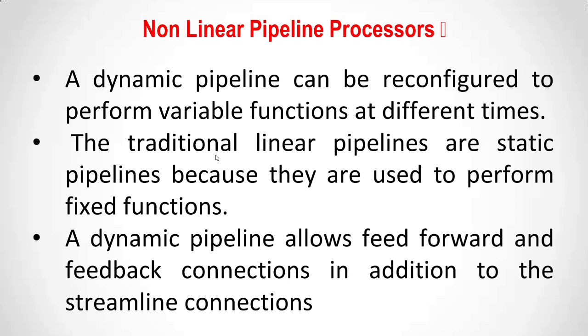Traditional linear pipelines are static pipelines because they perform fixed functions, so for variable types of functions a linear pipeline is not suitable. A dynamic pipeline allows feed forward and feedback connections in addition to the streamline connections. In traditional linear pipelines, we didn't have any feed forward and feedback connections.